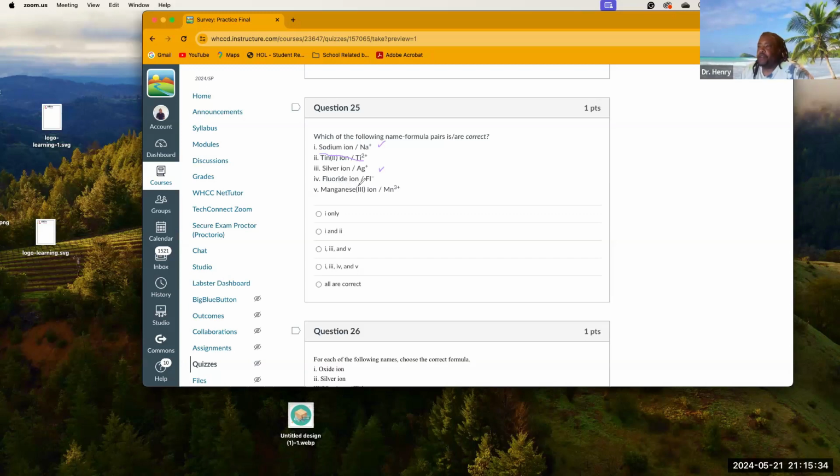Fluoride ion. Is that correct? Are you sure? What is the symbol for fluoride or fluorine? F. That's right. It's just F. Okay. The manganese(III) ion. Is that correct? Yep. Okay, so our answer should be 1, 3, and 5.